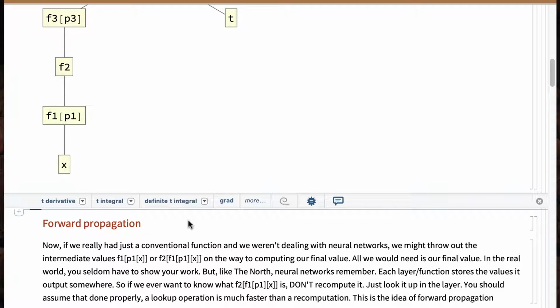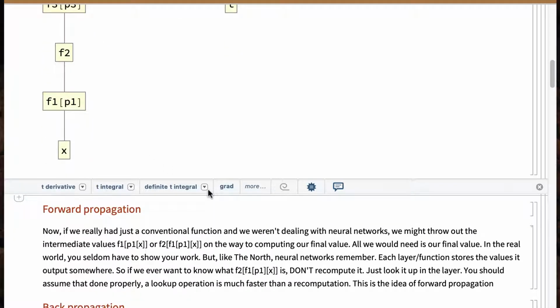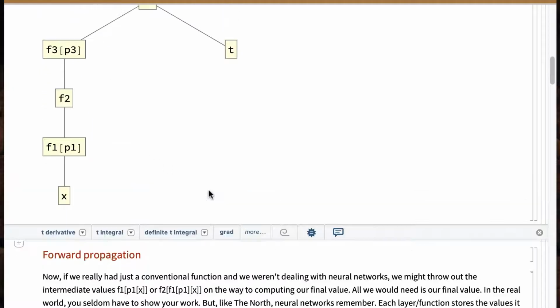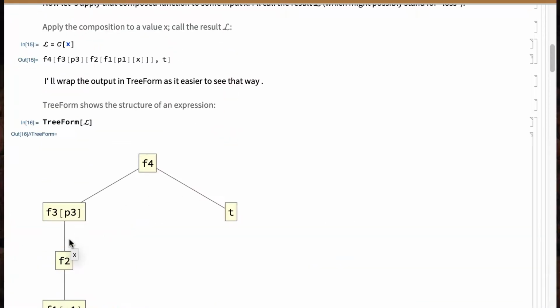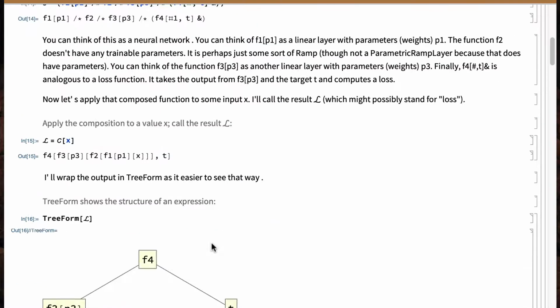So, in the forward propagation, in moving from first layer to second layer to third layer to fourth layer, we're going to keep track of the results that we got along the way, okay? And that is crucial to the forward propagation. That's why it's forward, because we're moving our way forward through these composed layers.